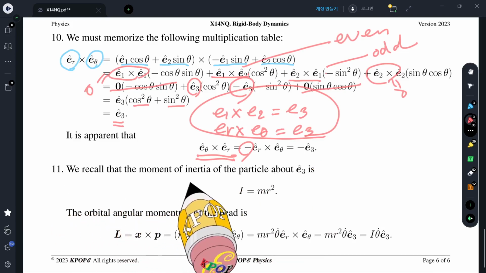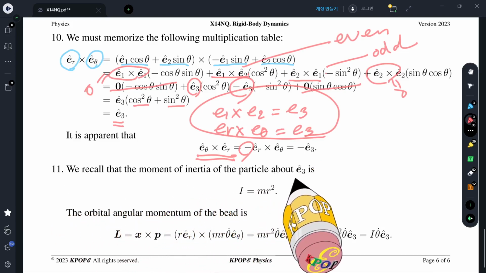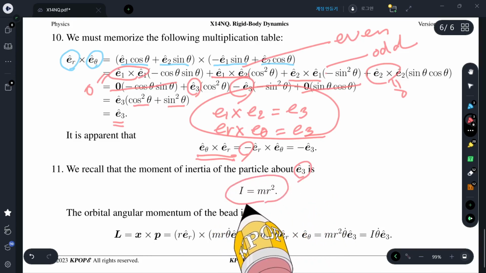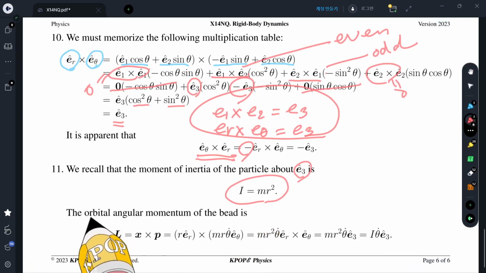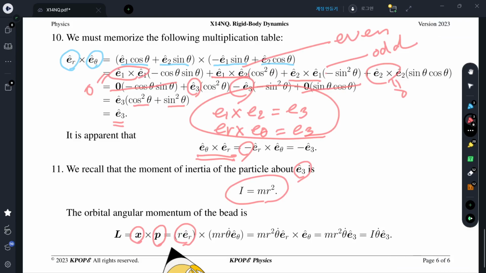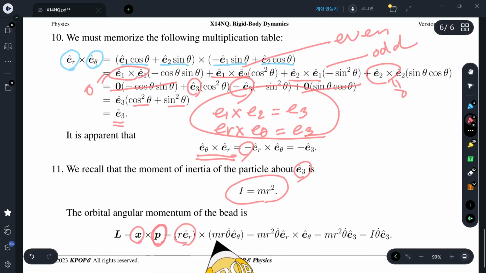We recall that the moment of inertia of the particle about E3 is mass times radius squared in this problem. Orbital angular momentum is x cross p. x is radius multiplied by the unit radial vector, and momentum is m r theta dot times the unit tangential vector.